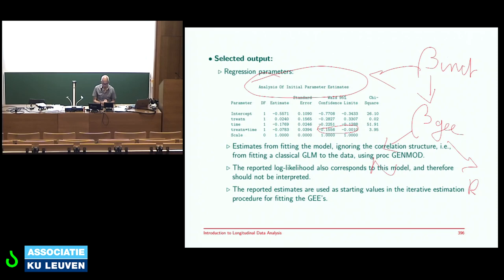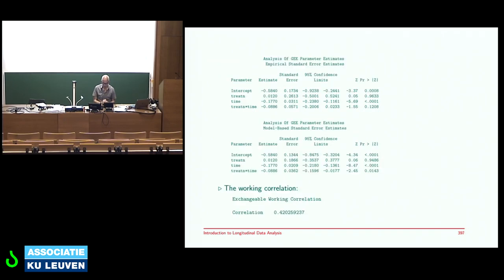Okay. Then we go on and we say, okay, fine, let's be careful. We have the second set of panels. We have the robust panel with empirical standard errors, and we have the model-based panel or naive panel with the naive standard errors. In both panels, do we get the same estimates for the parameters? And of course, that's not a coincidence.